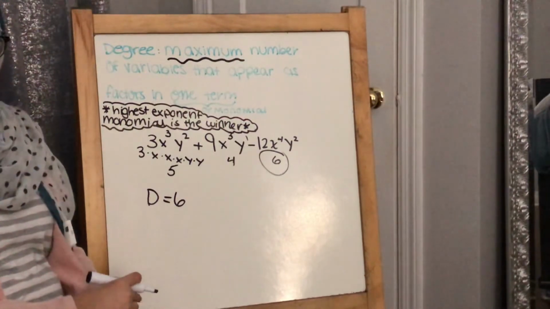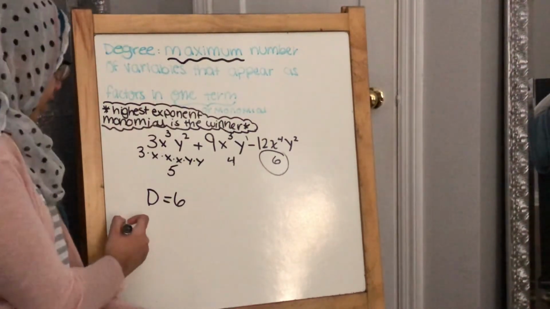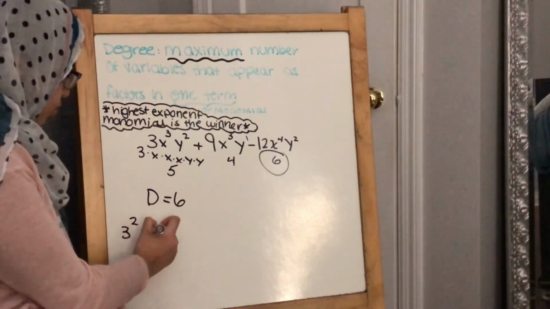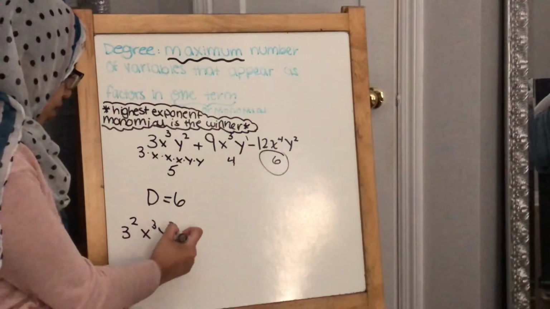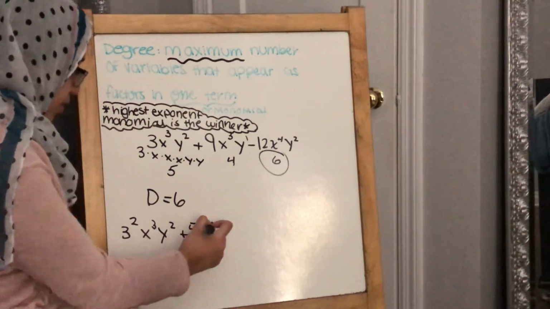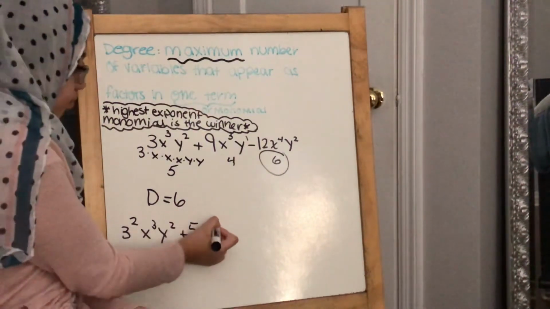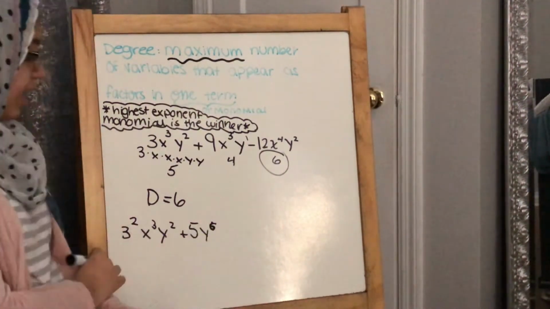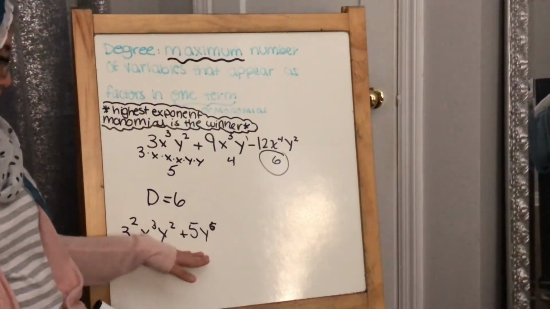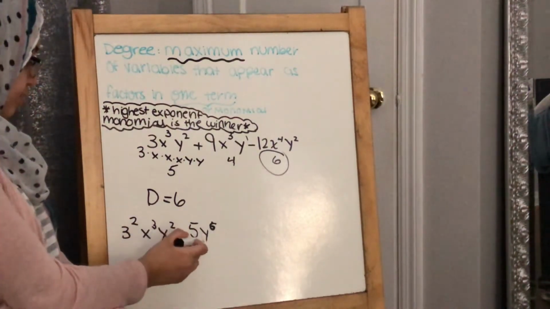And one important thing to mention is that if you ever have an expression with something like this, 3x cubed y squared plus 9 to the 5th... 5y to the 6th. And you have to figure out what is the degree of this expression.